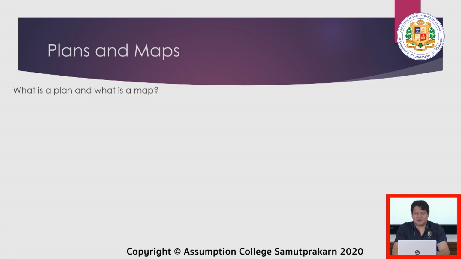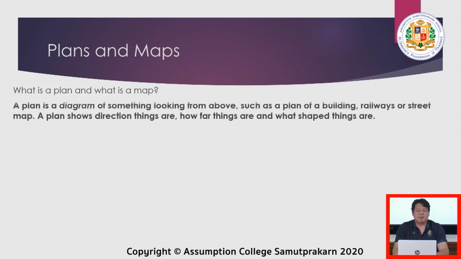Plans and maps. What is the difference between a plan and a map? First, let's tackle plan. A plan, please read with me. A plan is a diagram of something looking from above, such as a plan of a building, railways, or street map.